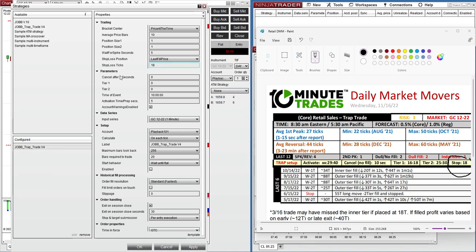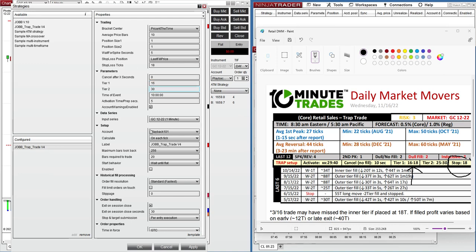I don't like to cancel the trade automatically. Tier 1 is, I'm going to use 16. It's between 16 and 18. 16 ticks from the current price is what that means. That's where the order is going to be. Tier 2, I'm going to use 30 ticks from the current price.